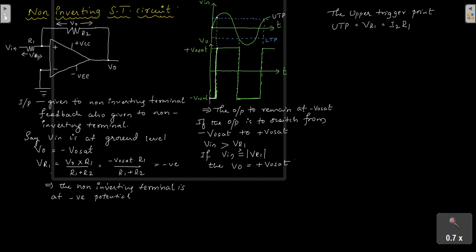Let me call this current I2. So I2 into R1 will give you the voltage across the resistance R1, which itself is the upper threshold point. UTP is equal to I2 into R1. Now V naught is the voltage across R2. It is understandable because it is a virtual ground.